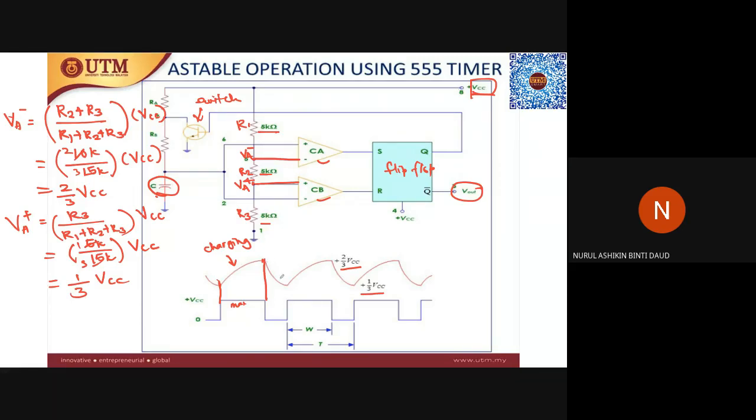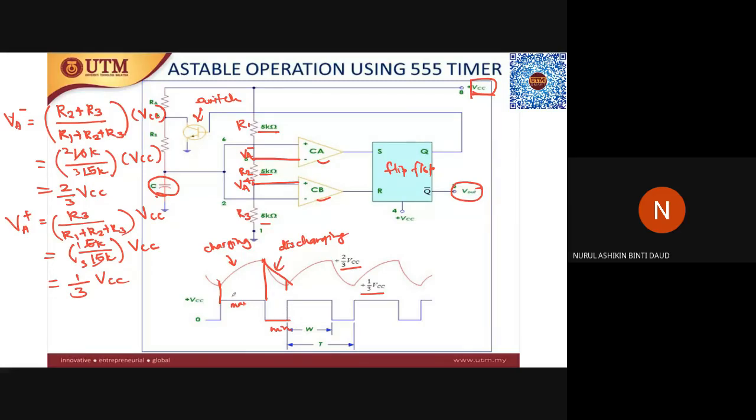At this point, the capacitor is discharging. This discharging goes from 2/3 VCC until 1/3 VCC. This point will be the minimum value of the output waveform.